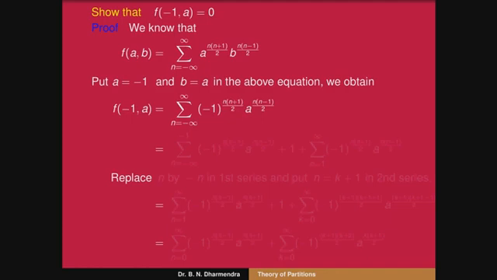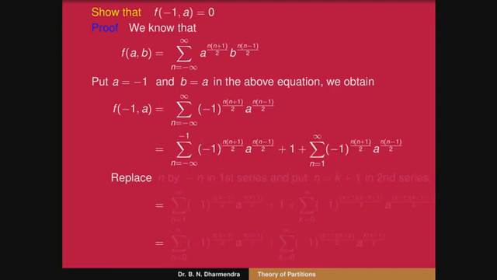The first one is the negative part, that is minus 1 to minus infinity. The second one, if n is equal to 0, means minus 1 to the power of 0 and a to the power of 0, that value is equal to 1. And the next one is the positive integers, that is n running from 1 to infinity.